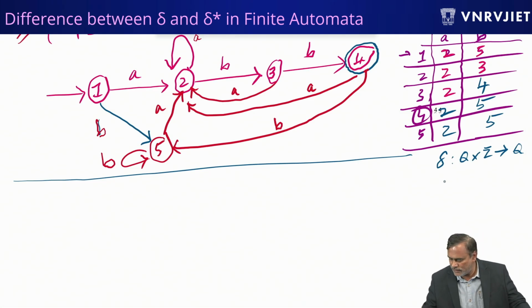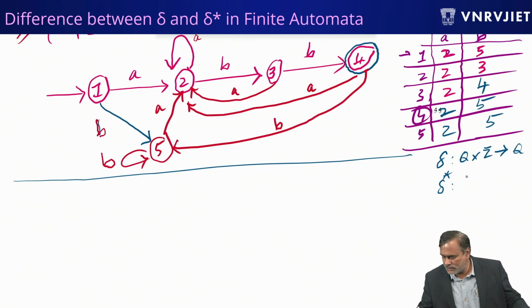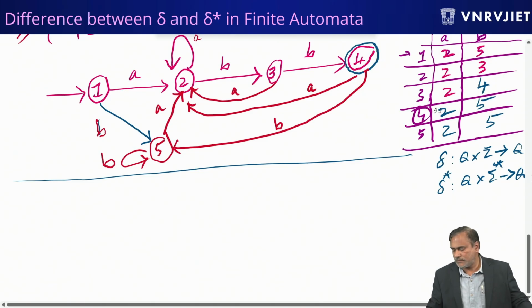You know the basic difference between NFA and DFA. In NFA you will have 2 power Q, here you have just Q. Delta star is Q cross sigma star gives Q itself.